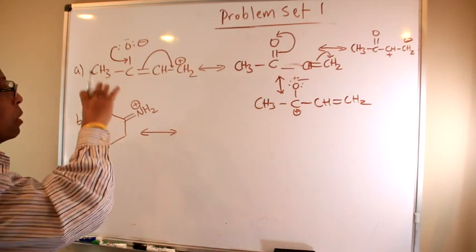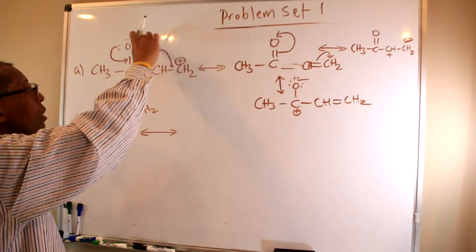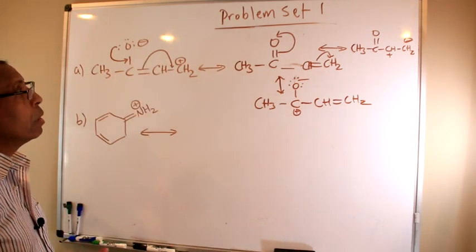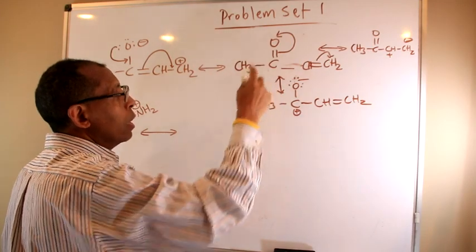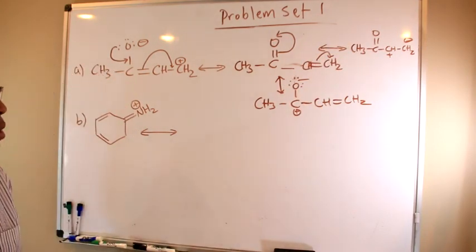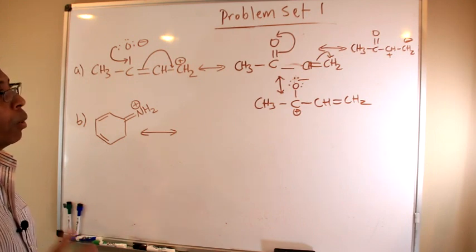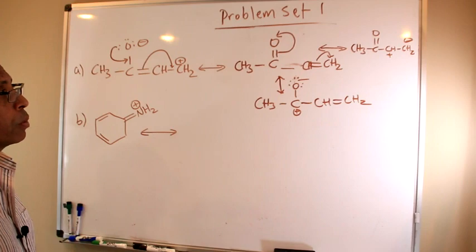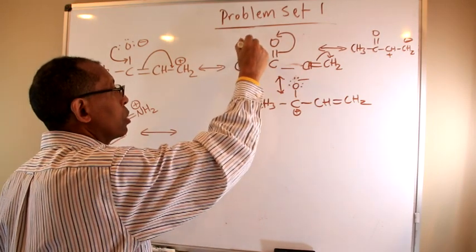But as I already want to tell you, this molecule, because it has a minus and a plus, can actually achieve a neutral resonance structure, which is this one. And also you can have charge separated structures. So the most important thing I want to tell you here is the most important resonance contributor, the major one, is this structure.